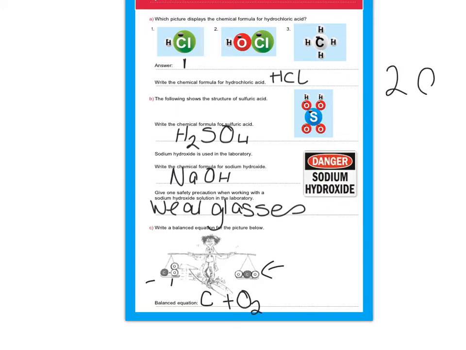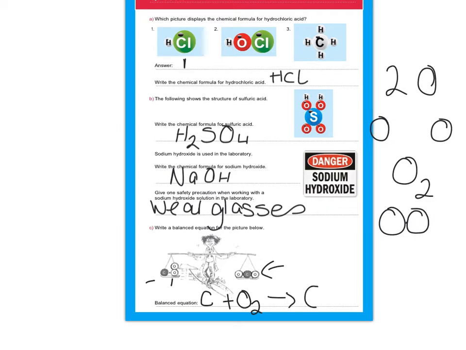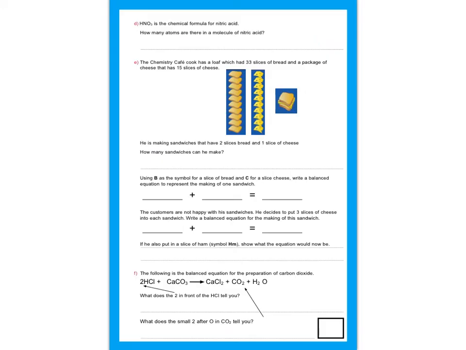If you were to write 2O, that tells me you have 2 oxygen molecules, but they're not joined together. In our picture, they're joined together, they're connected. So by writing O2, that means that they're both connected together. And that gives me CO2. And we can see in this picture, they're all connected together, so that's why we would draw it like that.